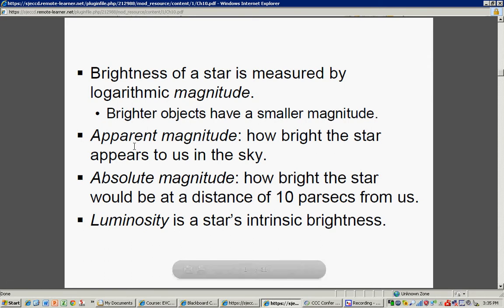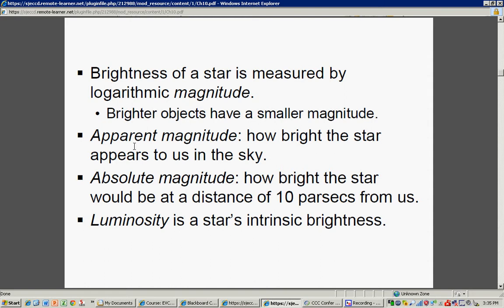Now, apparent magnitude is a scale astronomers developed, a logarithmic scale applied to the brightness received here on Earth, and certainly that number is very small. So astronomers selected a group of stars called standard stars, and the brightness of other stars is measured in comparison with these standards.